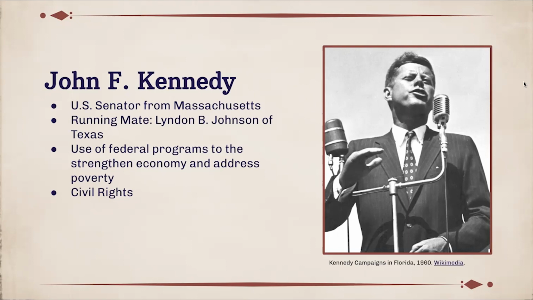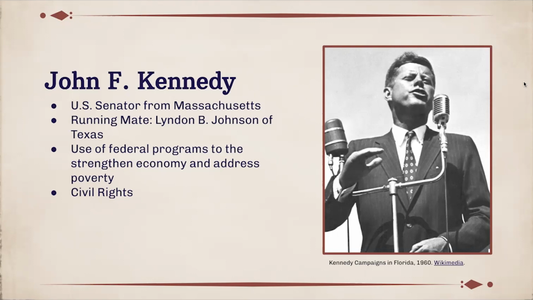Just a few weeks before the election, Martin Luther King Jr. was arrested while participating in a protest in Atlanta, Georgia. And although it was politically risky for Kennedy, he ended up calling Coretta Scott King in order to express his concern.